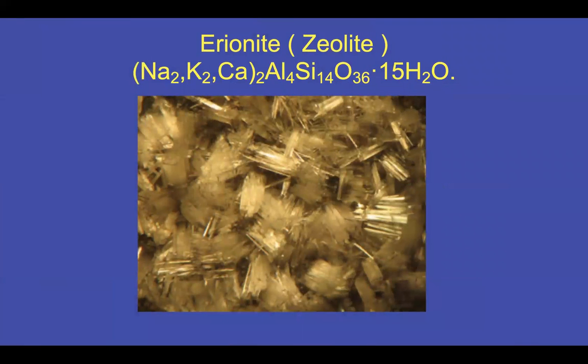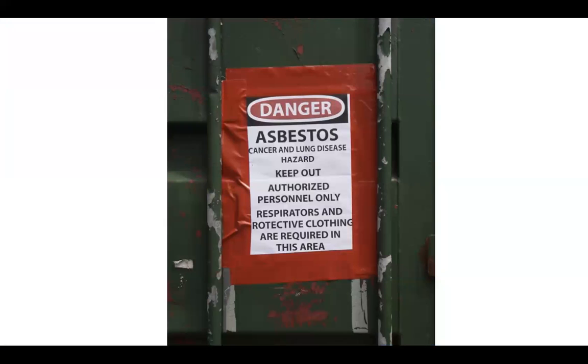There is one other mineral that causes mesothelioma in our country, which is erionite. Erionite is very similar to asbestos, and it is also found in the soil. As you see, if there is asbestos anywhere, this sign should be put up.